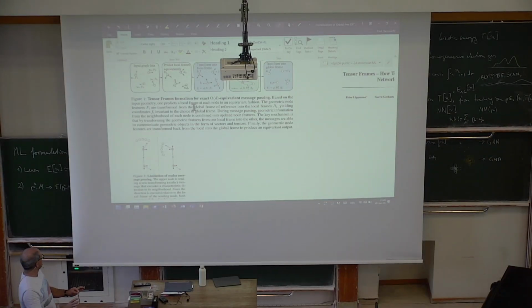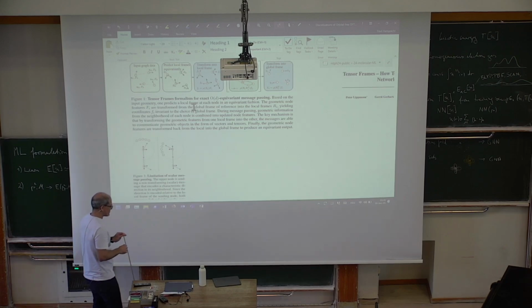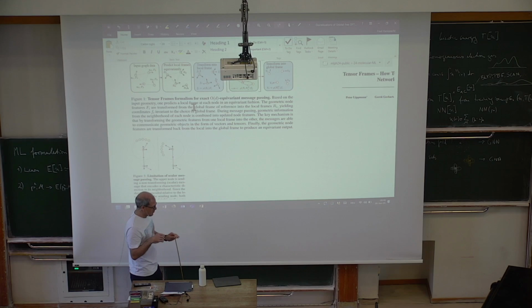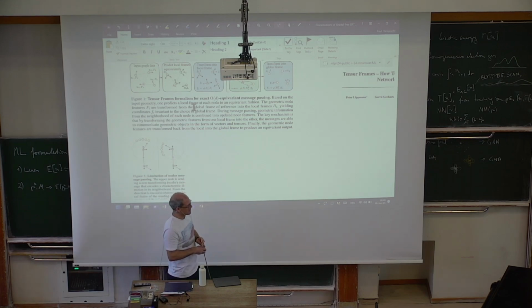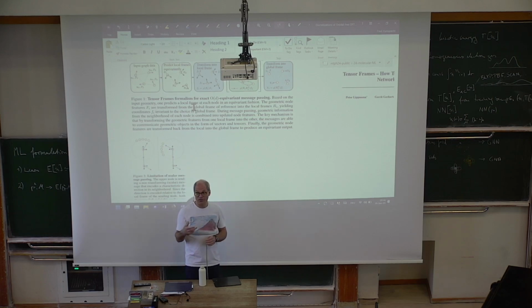Before I do that, let me summarize with a single sentence. I think molecular machine learning is at a stage where it is going to transform those sciences that look at molecular systems. The two most promising candidates are, on the one hand, machine-learned interatomic potentials.